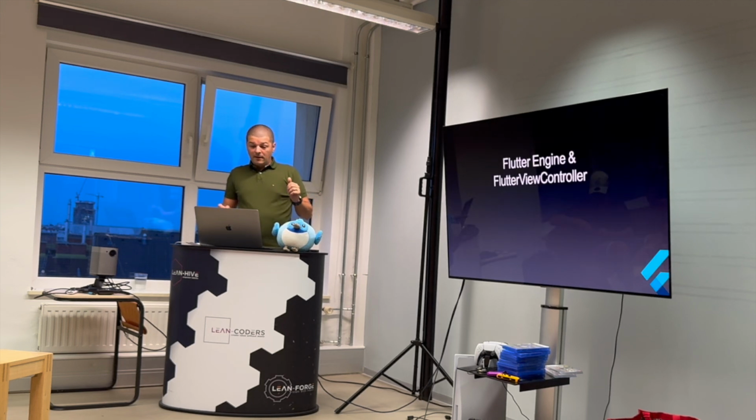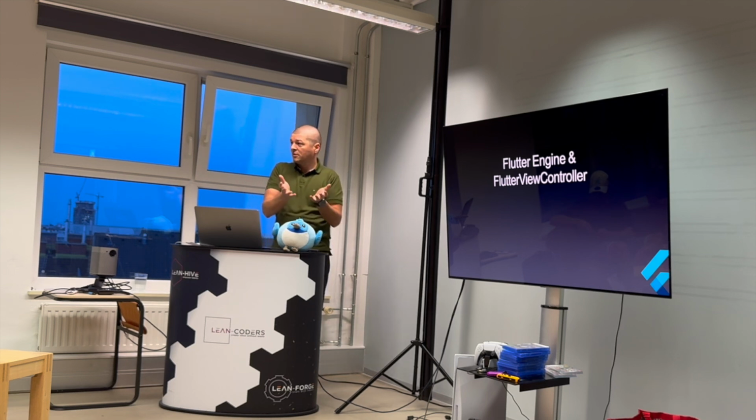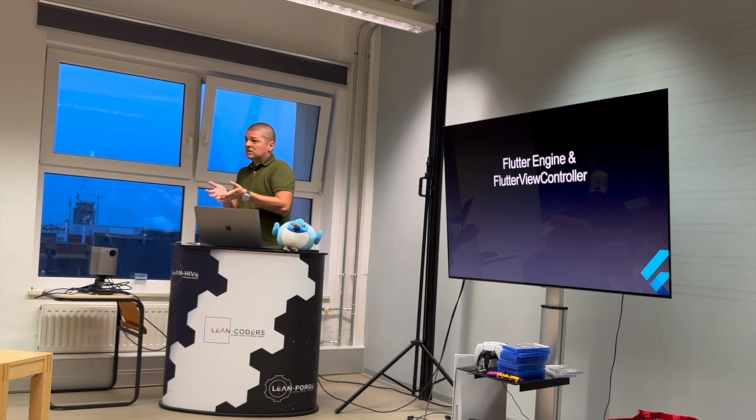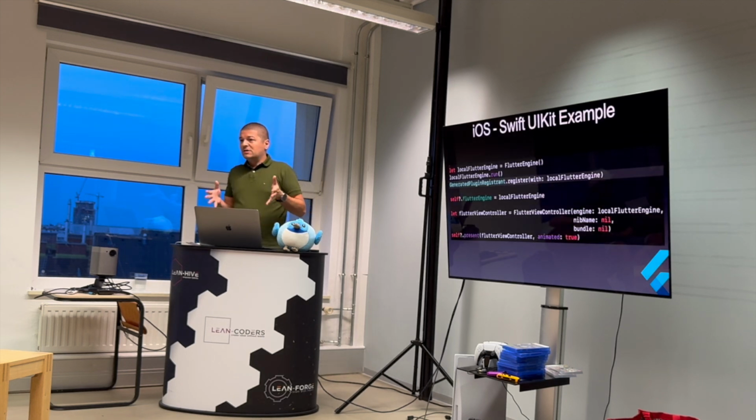Now comes how Flutter works. We have the Flutter engine, written in C++, and it runs the Dart code. Then to show it, you need something on the UI. On native iOS, you use FlutterViewController. This is what Flutter generates behind the scenes. To adopt this in your existing app, it's simple. You just create the Flutter engine and run it.